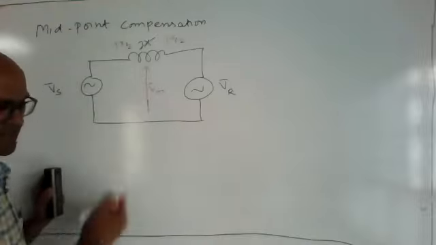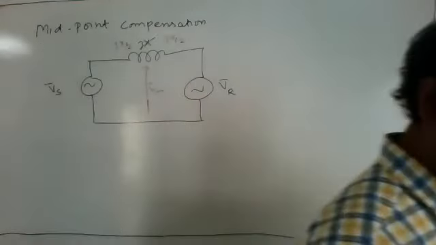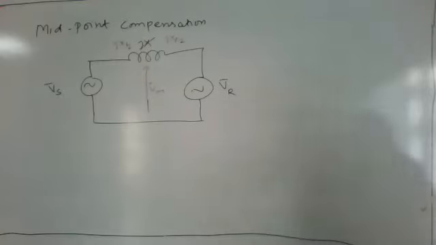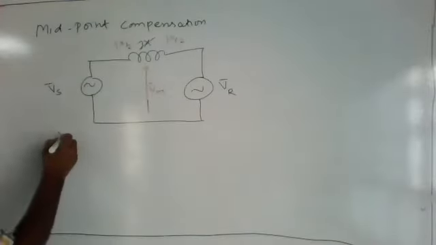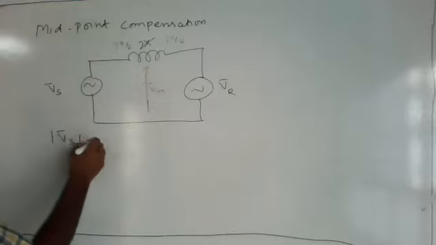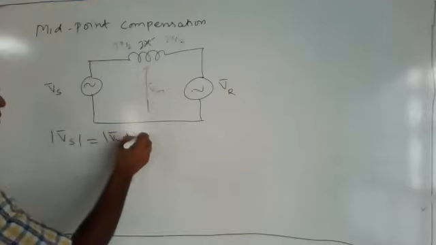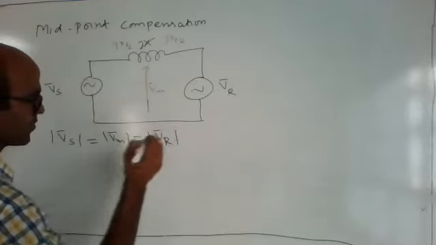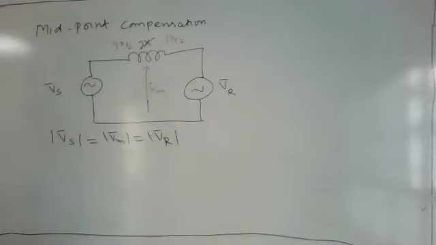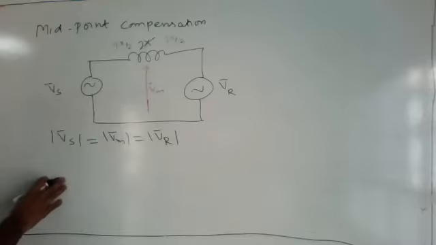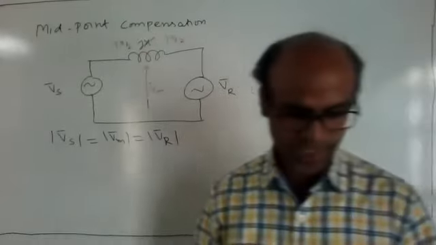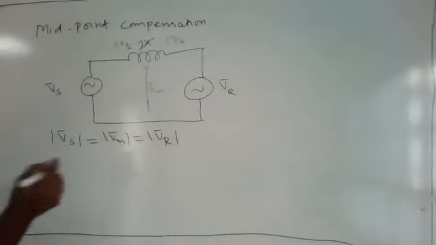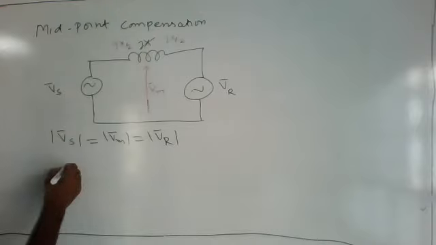Then what is the effect on power transfer? Let me see. We are assuming that these three voltages have equal magnitude. It means mod of Vs is equal to mod of Vm equal to mod of Vr. So this condition I am assuming. And let the voltage angle between Vs and Vr be delta.